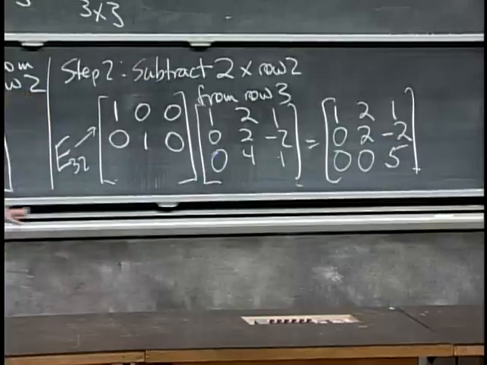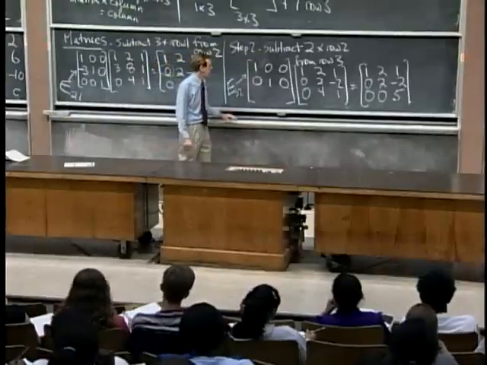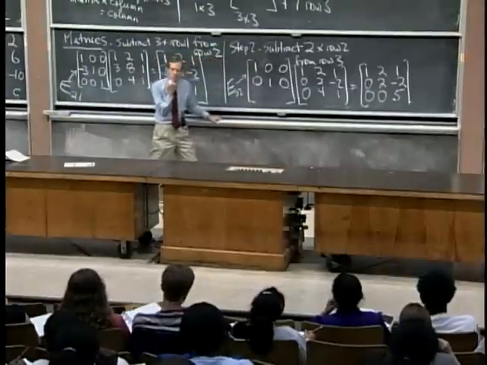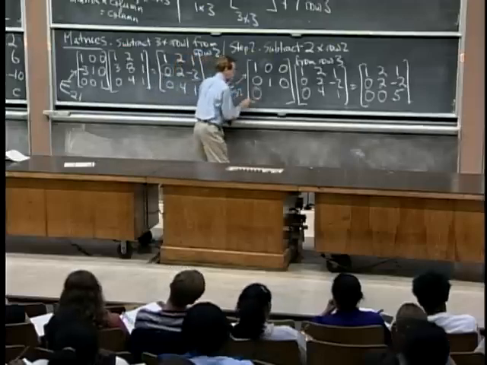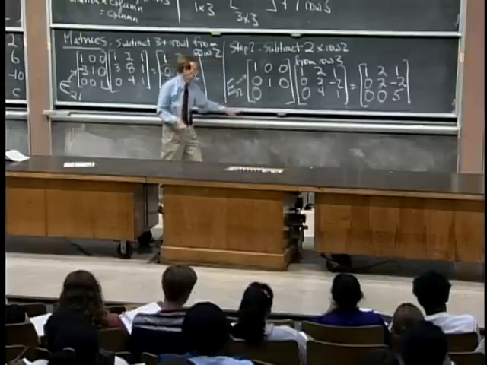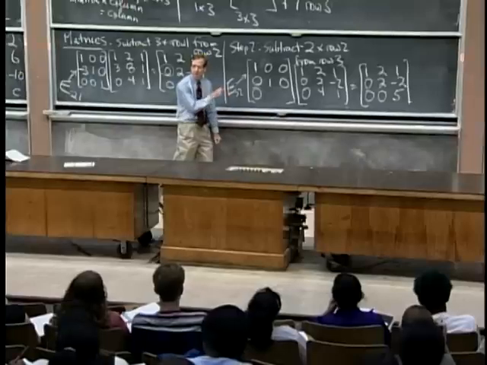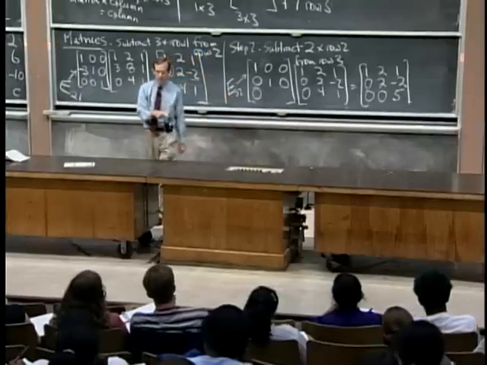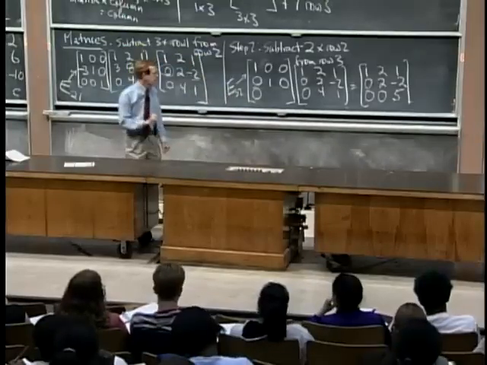And what do I do? I subtract 2 times, so what's this entry? 0, right? Because the first row is not involved. It's just in the 3, 2 position, isn't it? The key number is the minus multiplier sitting there in that 3, 2 position.